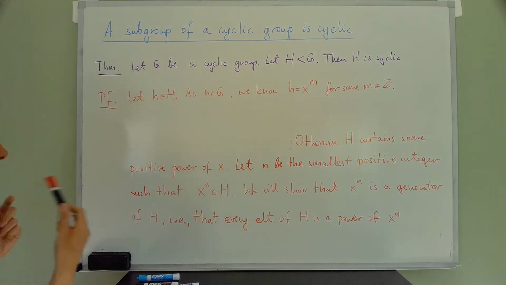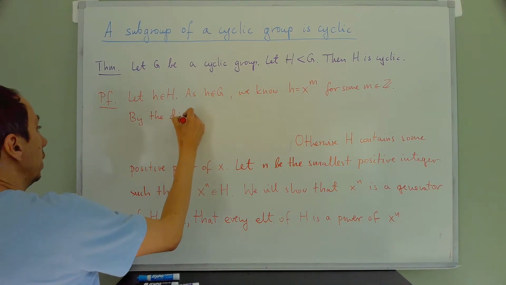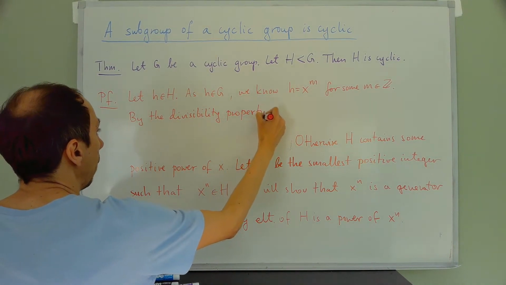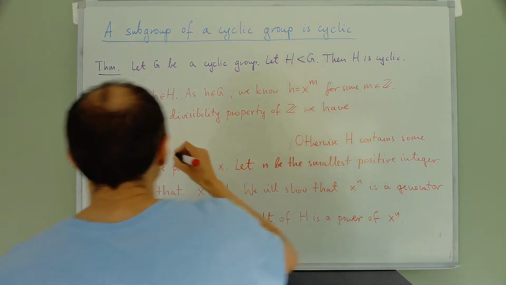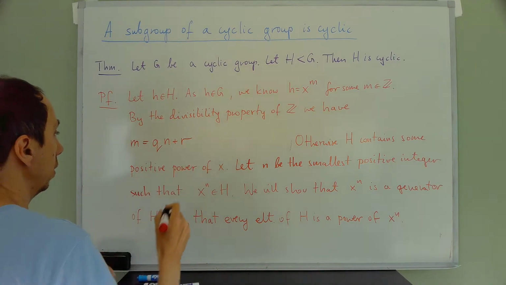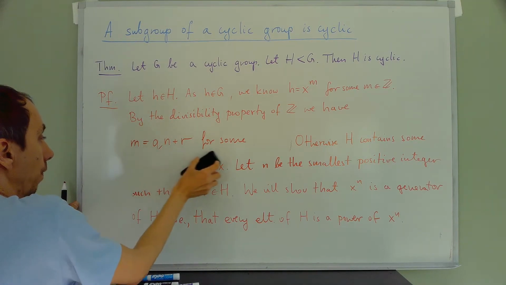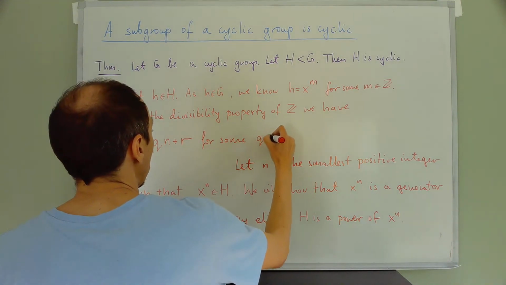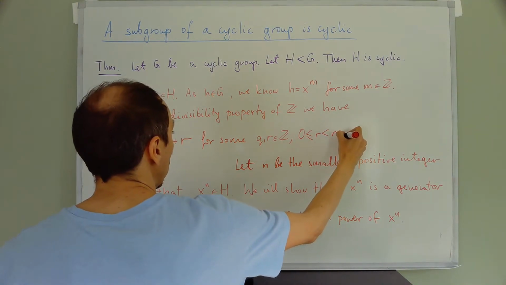Okay, so now again I'm going to use the divisibility property of Z. So by the divisibility property of Z, we have that I can write m as qn plus r for some q, r in Z, and r is between 0 and n.